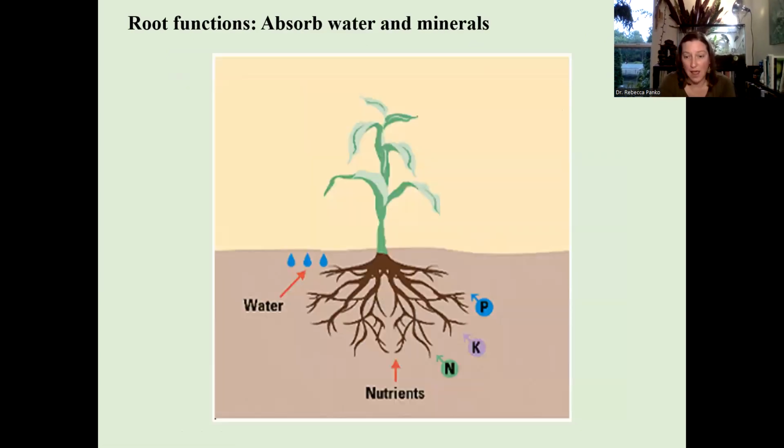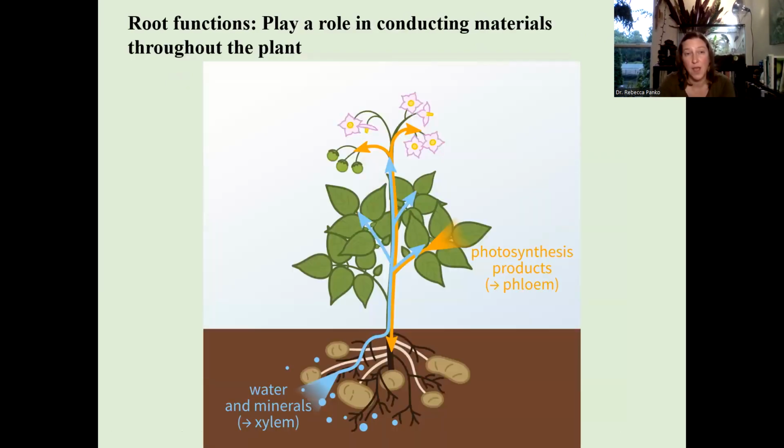What do roots do? So they anchor the plant to the ground. They absorb water and minerals, right? And when water and minerals move up through the plant, I'll show you what this is trying to show you. We'll use blue for water.